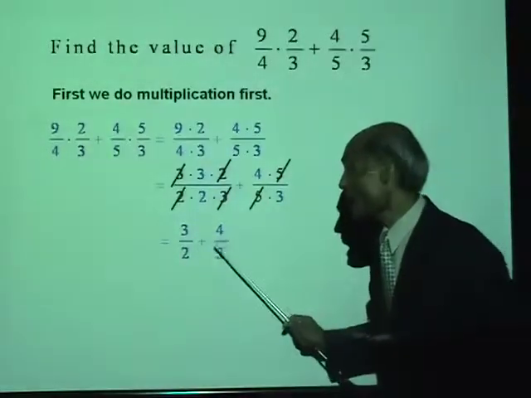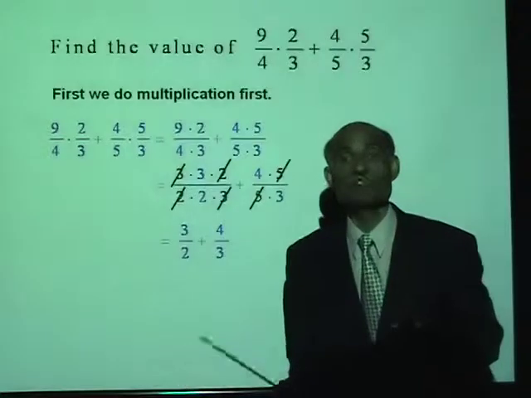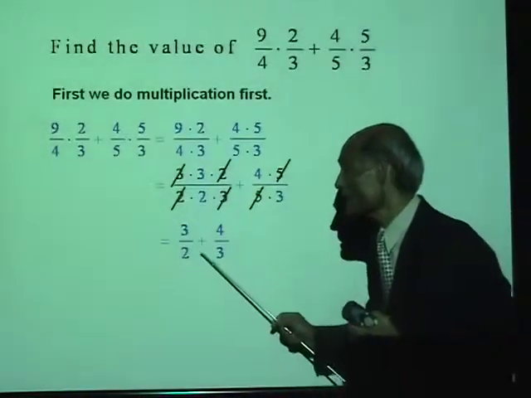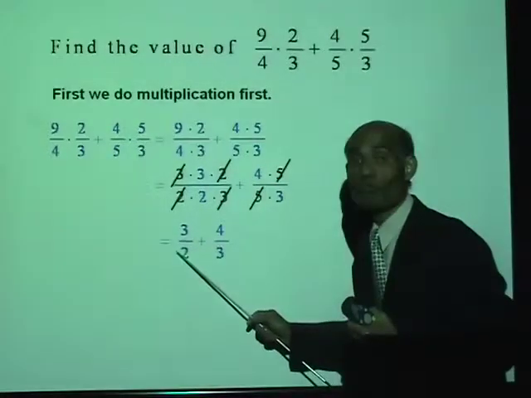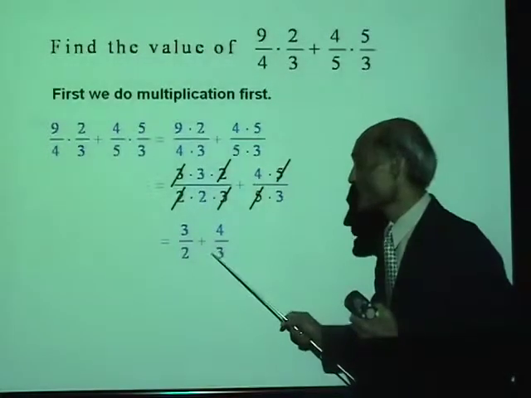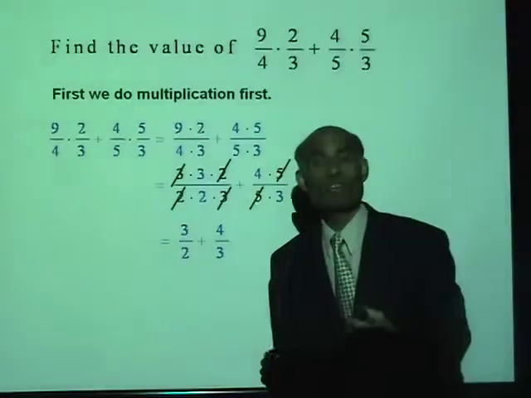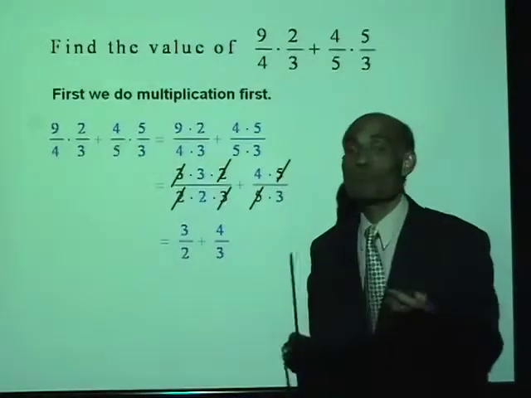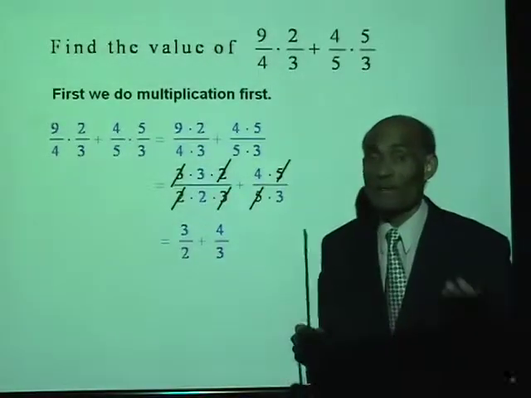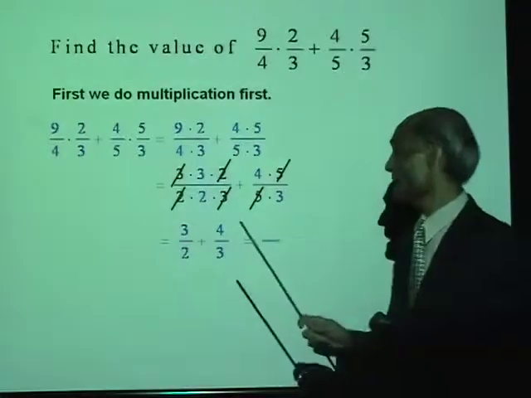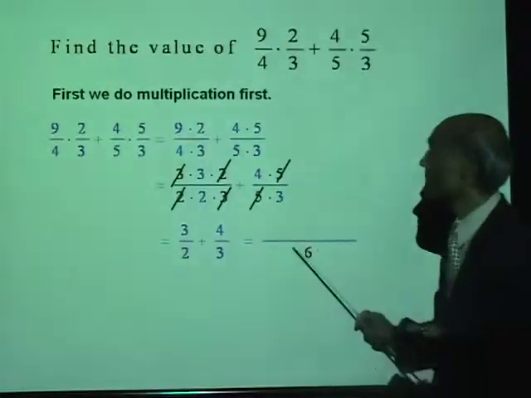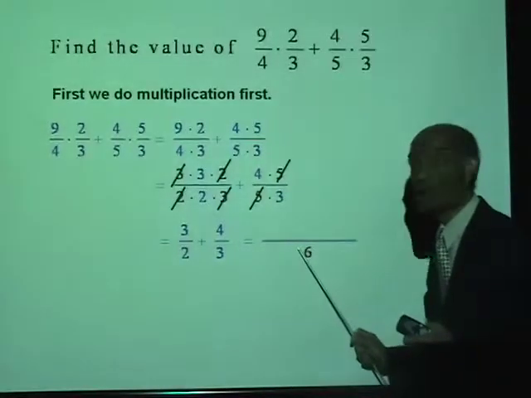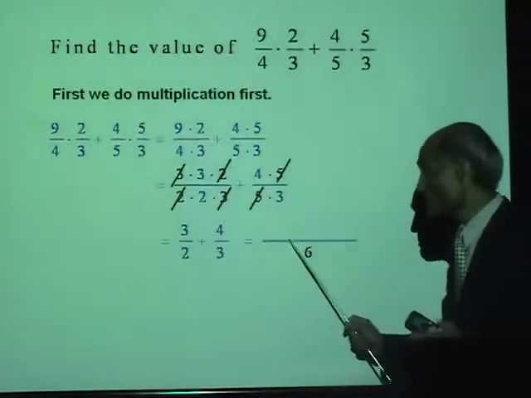Can you add these two fractions without my help? First, what is the LCD? The denominators are 2 and 3. What is the LCD of 2 and 3? Of course they have nothing in common, so you simply multiply them. The LCD is 6.